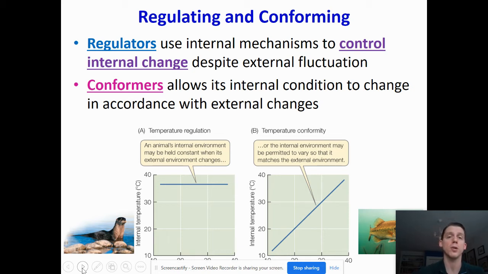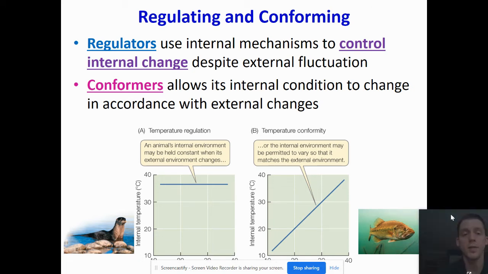And a conformer is going to allow its internal conditions to change in accordance with the external changes. So we typically think about this in terms of thermoregulation, with endotherms keeping their temperatures the same, and ectotherms allowing their temperatures to fluctuate with the environment, like we see with this fish and the otter over here.